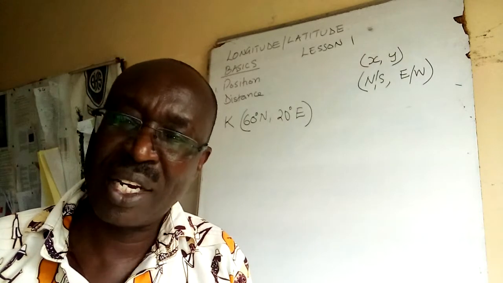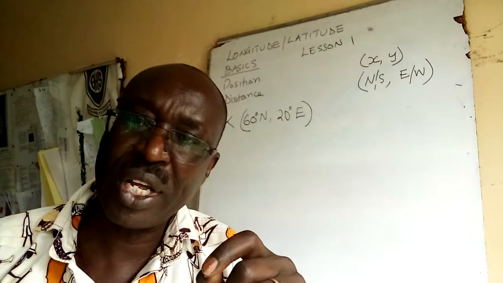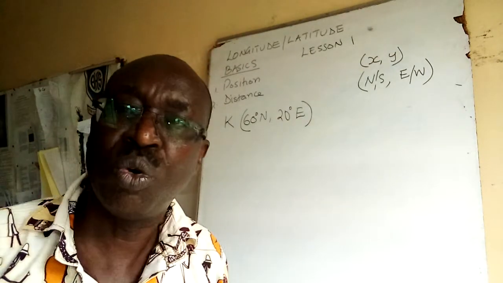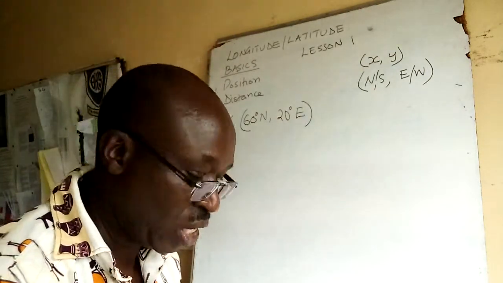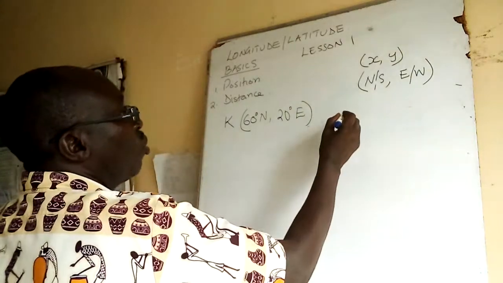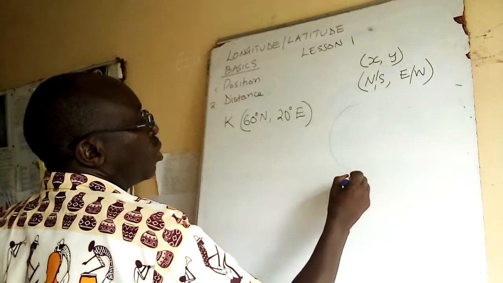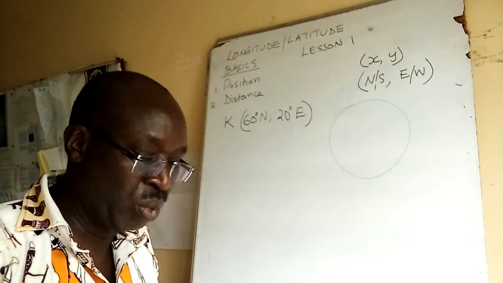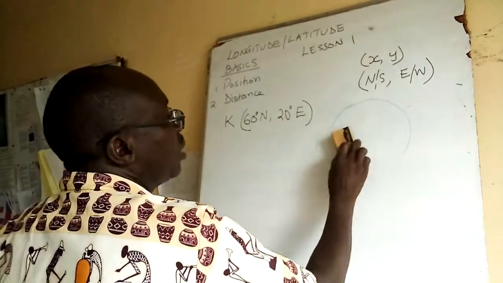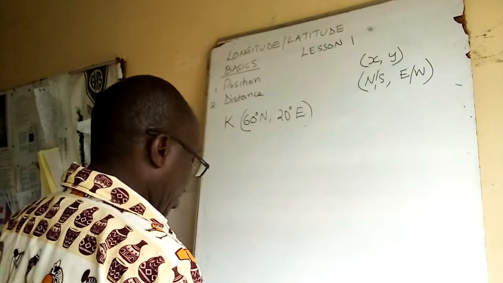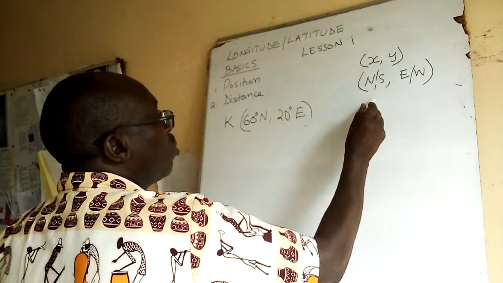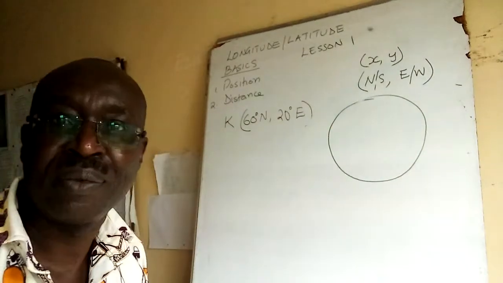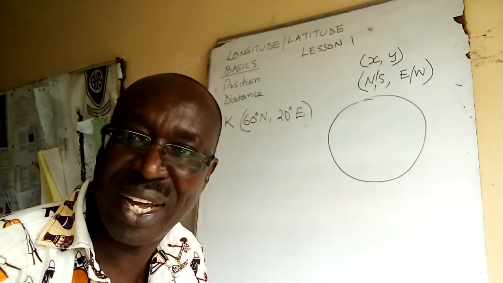So we want to get the position of a given point in longitude and latitude. I would suggest you draw a globe, maybe in black, that represents the globe.